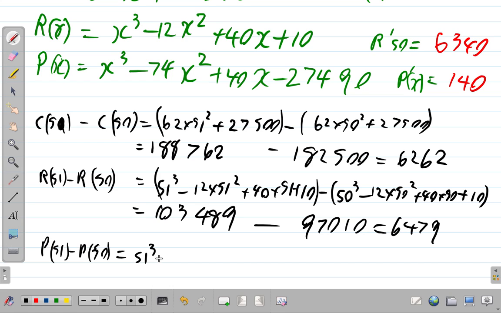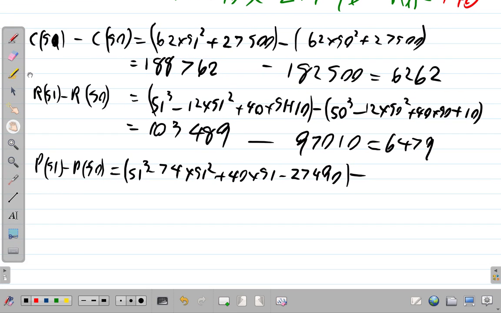That's 51 cubed minus 74 by 51 squared plus 40 by 51 minus 27,490, minus, I have to go in the next line. This one is extra long, we're running out of space. So that's minus 50 cubed minus 74 by 50 squared plus 40 by 50 minus 27,490.